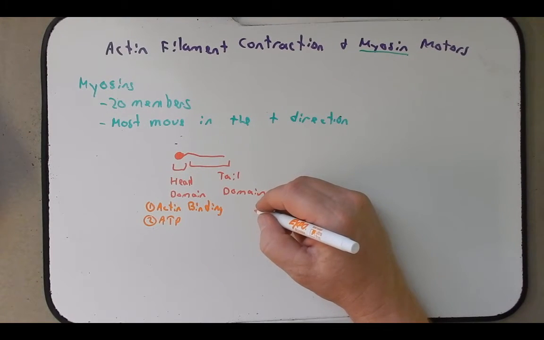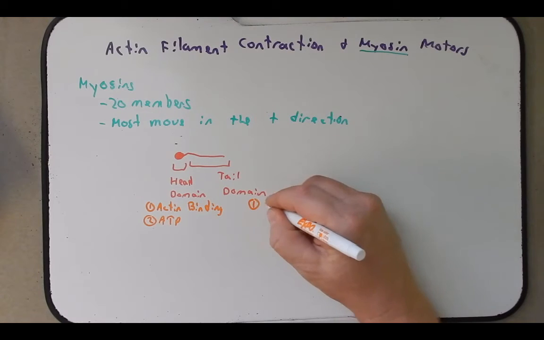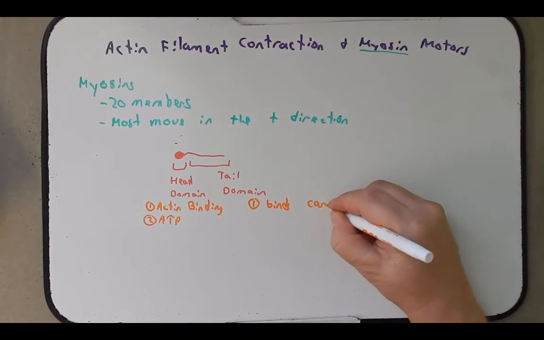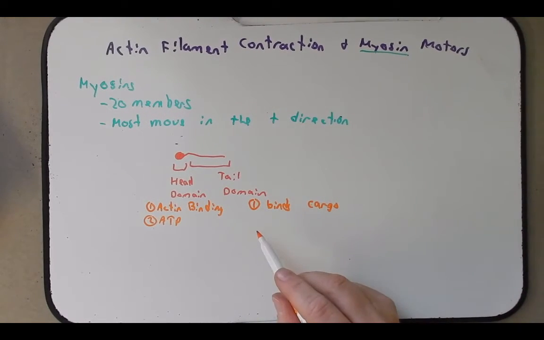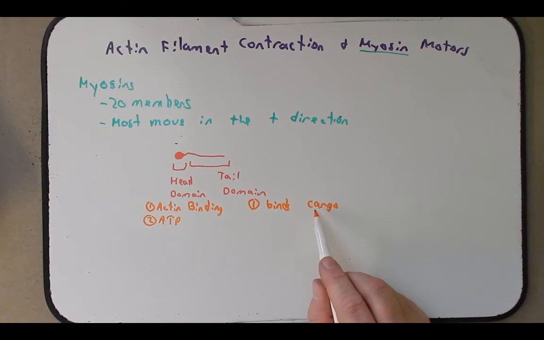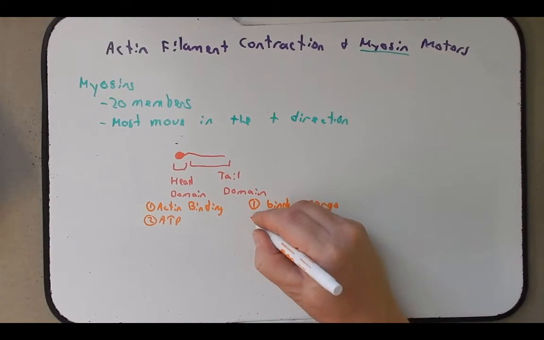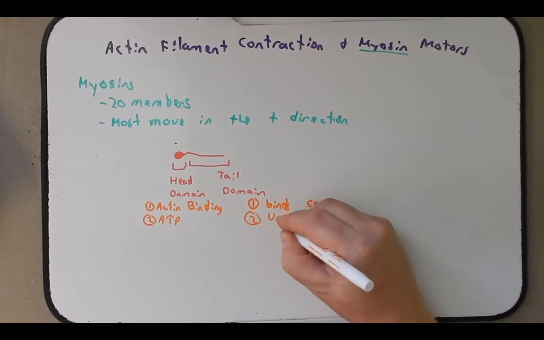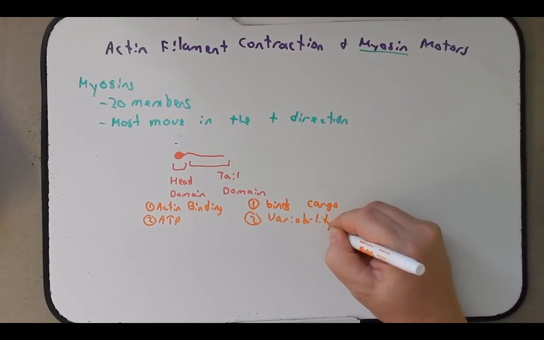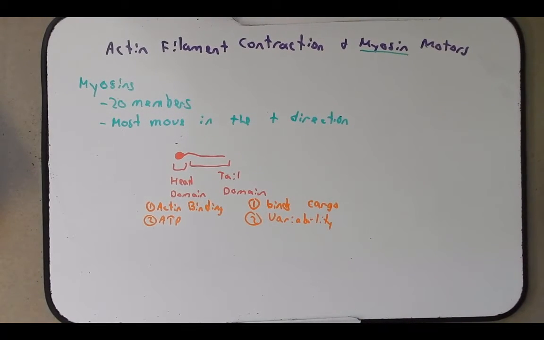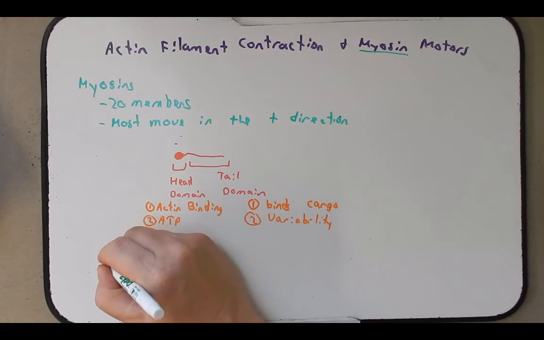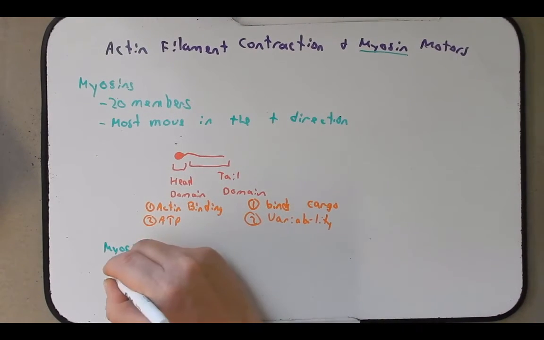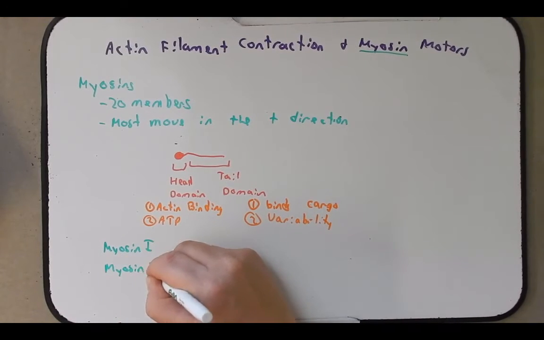Similarly, as we saw with dyneins and kinesins, the tail domain binds cargo. Anything that might be attached and needs to move with the actin will bind to this tail domain. And so this is where we see our greatest degree of variability amongst the different kinds of myosins. As I mentioned, there are 20 members, but there really are two large subfamilies, myosin 1s and myosin 2s.